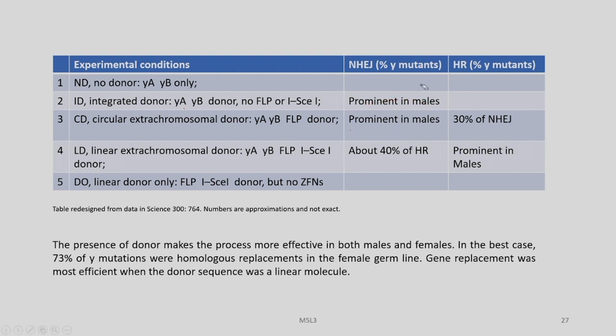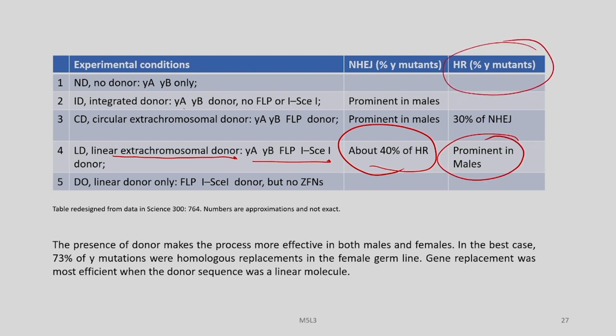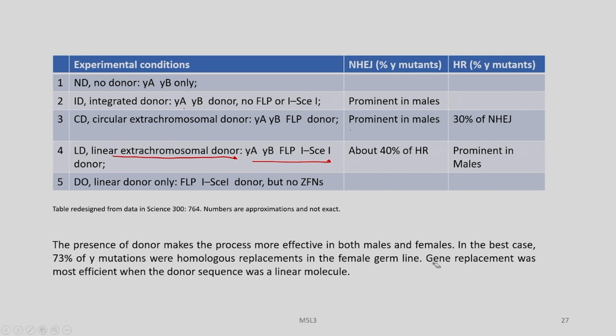And when they used linear extrachromosomal donor and other donors, they found that about 40% of these are prominent in males under the homologous recombination pathway, and these are less in non-homologous end joining pathway, and the numbers achieved here were only 40% of what was achieved in the case of homologous recombination.